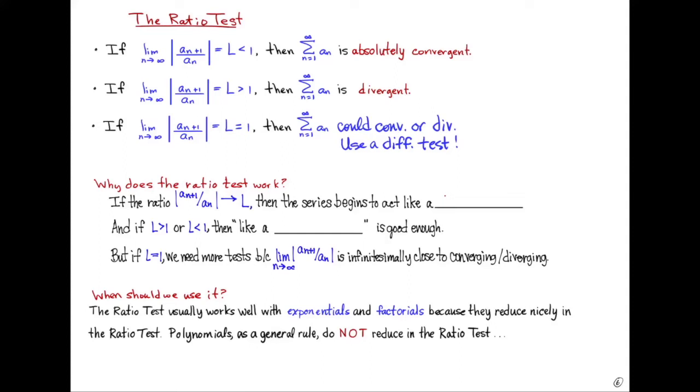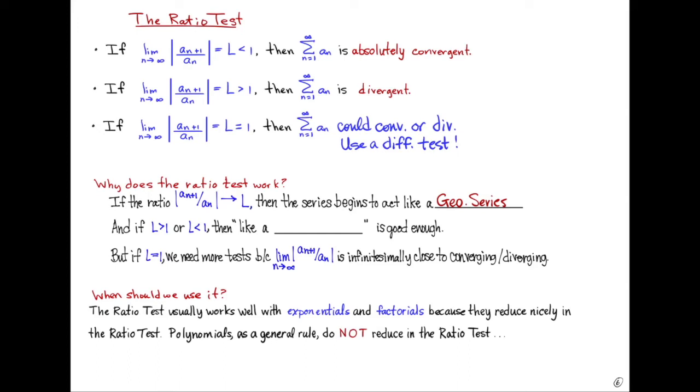The ratio test works because when you're considering the ratio a sub n plus 1 over a sub n, the absolute value of those terms, as n gets really large, the series begins to act like a geometric series. And in fact, the ratio test should be reminiscent of the geometric series test because for a geometric series, that series converges if the absolute value of r is less than 1 and diverges if the absolute value of r is greater than 1.